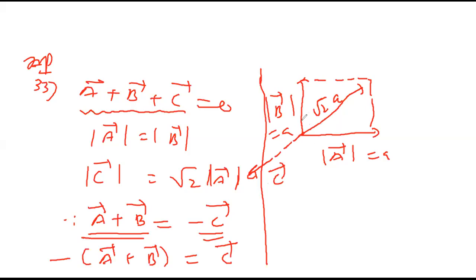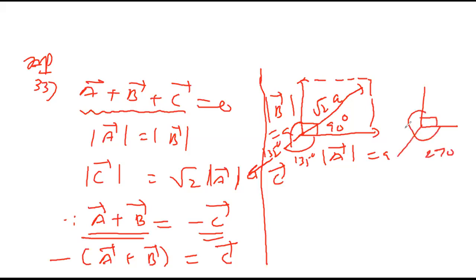Now tell me, what is the angle between A and B? 90 degrees? Yes, sir. And between B and C, 135. This is 135 because this is a bisector, so this is also its bisector. 90 is this, this will be 270.